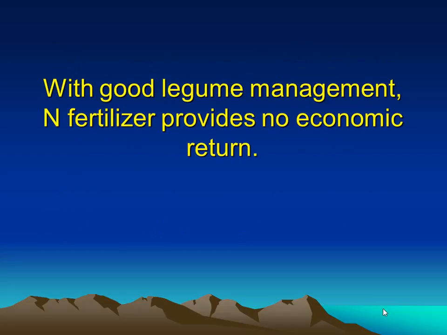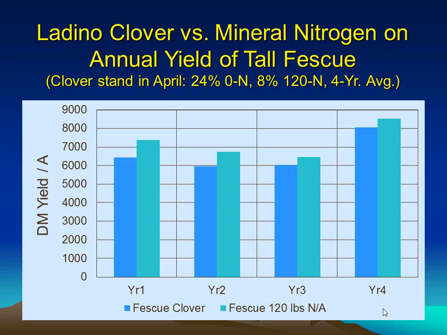Okay. With good legume management, nitrogen fertilization is not profitable. If you were in the last session, I gave this, but notice here, this is fescue with just ladino clover. I would normally be pushing red clover with ladino clover in a hayfield, but this was just done with ladino clover.